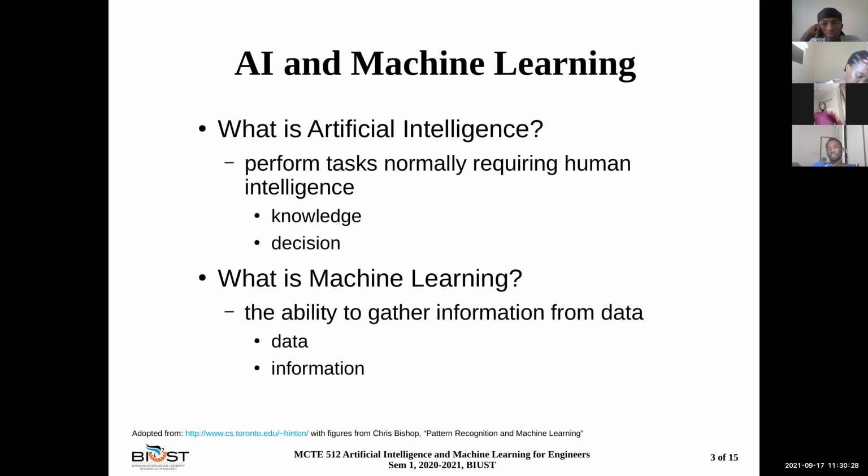Other people will still argue, but for the sake of discussion, say that artificial intelligence, as the definition says, is the ability to have human-like intelligence, while machine learning gathers information from data.